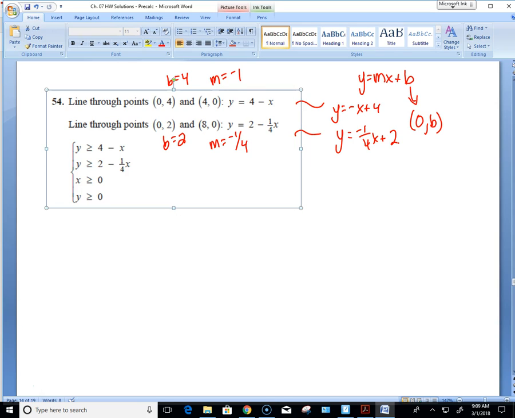But then once you had those equations, you just look at the shading and say, oh, hey, the shading was above both of them. They both were solid, so greater than or equal to on both. And then, did you guys figure out what those two were doing? Those were kind of hard. Whenever x is greater than 0 and y is greater than 0, x is positive and y is positive.